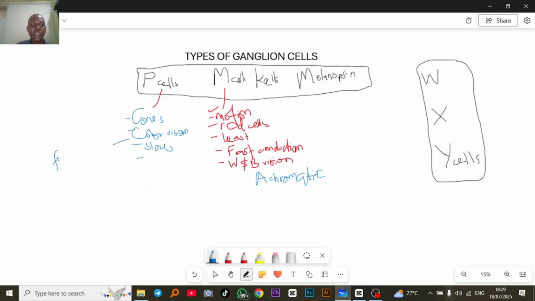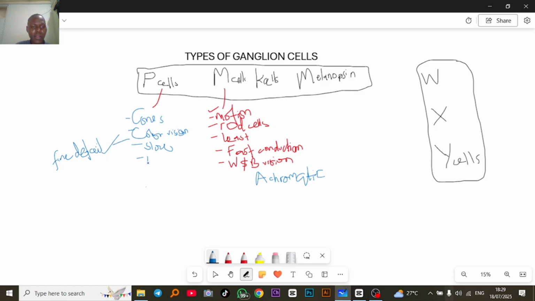But how does this fine detail come about? It's as a result of the 1-to-1 ratio of their convergence. You find that one ganglion cell synapses with one cone cell, you get? Which would imply that P cells will be the majority since we are having one-to-one, unlike the M cells which we see from rods where we have retinal convergence.